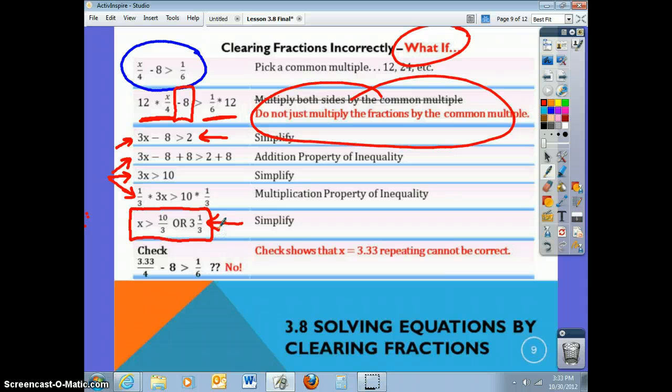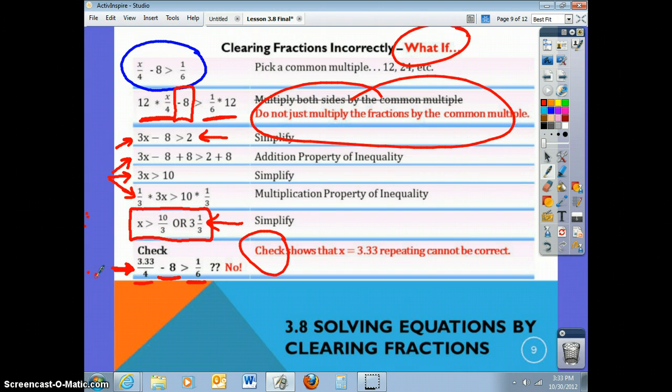I'm just going to make my life easy and go back and do a check. You don't even have to do it exactly. But if you put 3 1/3 back into the original equation, I get basically 3/4, okay, that's approximately 3/4, minus 8. 3/4 minus 8 is greater than 1/6.